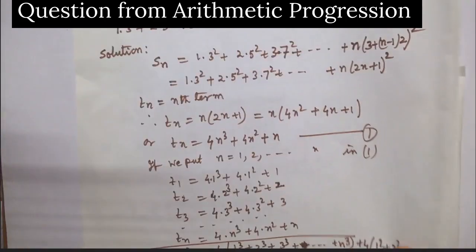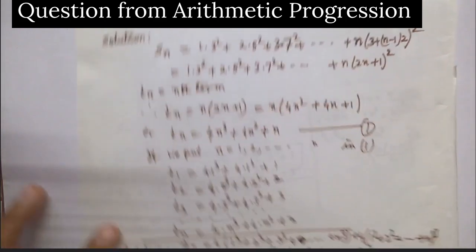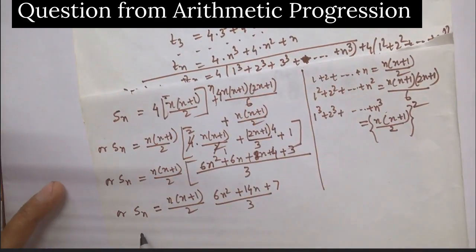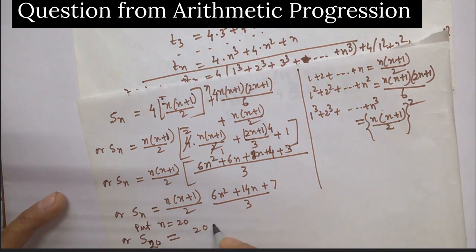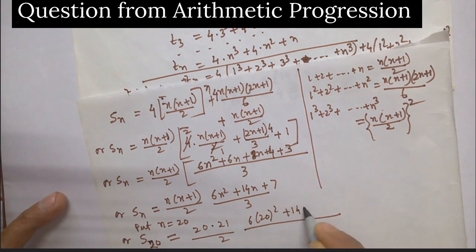As per the question, we need to find the sum of 20 terms. So if we replace n by 20, we will get our answer. So S20, put n equal to 20: S20 is 20 into (20 plus 1), 21, by 2, here 6 into 20 square plus 14 into 20 plus 7, by 3.